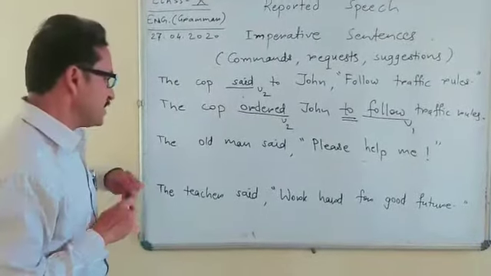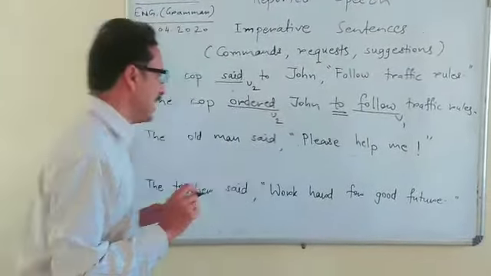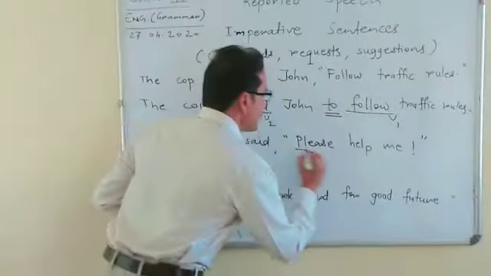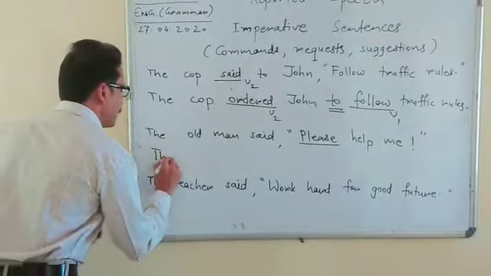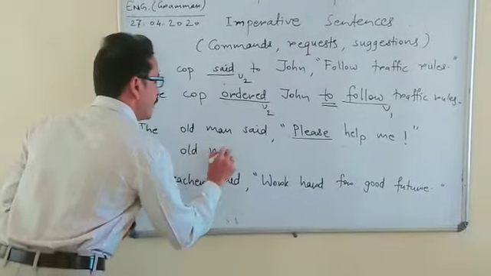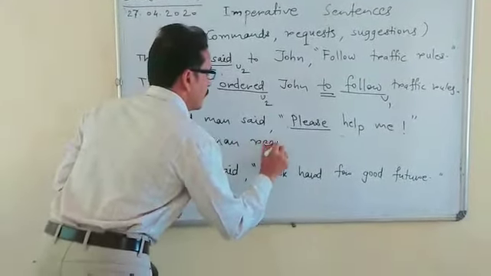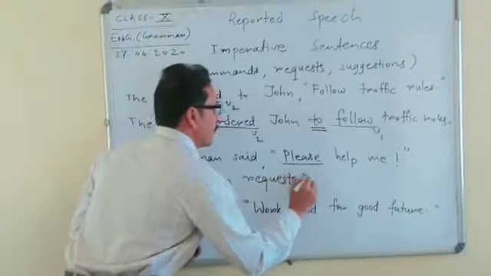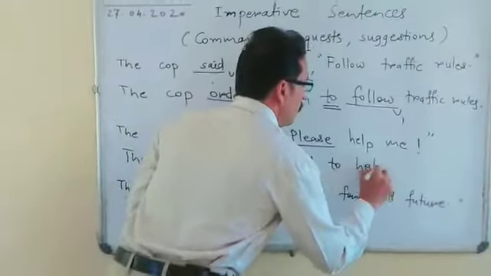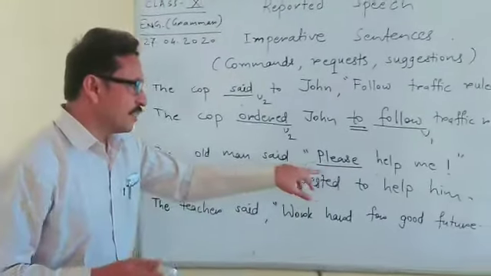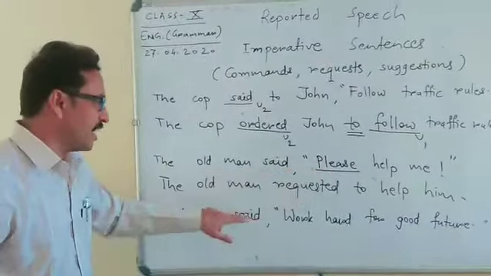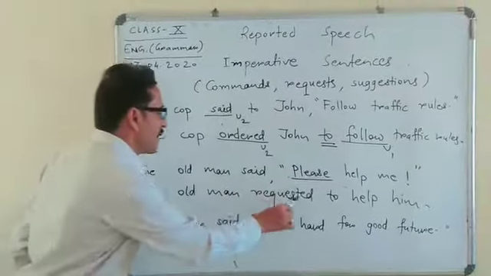Now the second sentence: the old man said, please help me. The word please indicates that it's a request, and that is why it will be like this: the old man requested to help him. Since the word please indicates a request, we use the reporting verb requested.